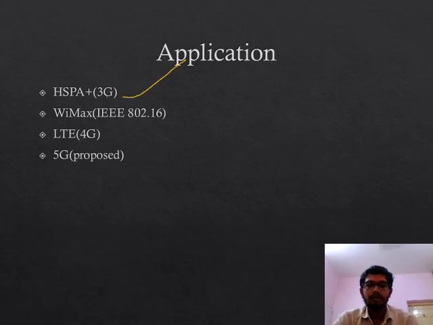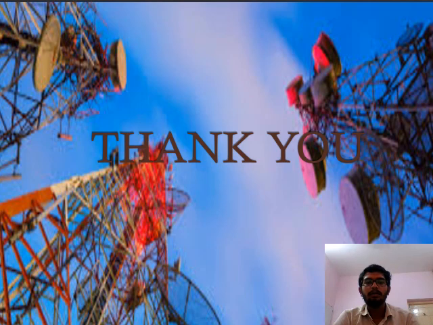Wi-Fi networking, also fourth generation networking, LTE, VoLTE, and all different types of fourth generation also use it. In future, 5G, fifth generation networking, is also part of multiple input and multiple output communication systems. It's all about MIMO, multiple input and multiple output. Thank you.